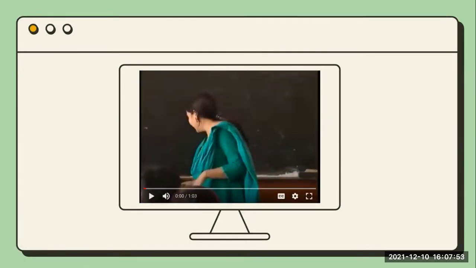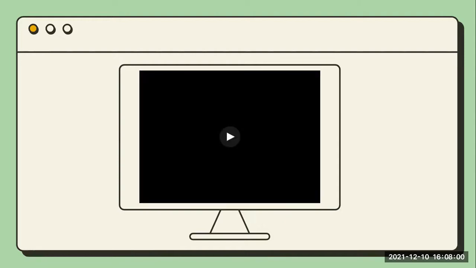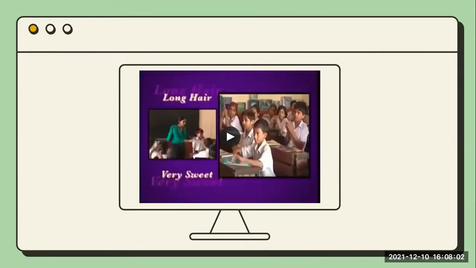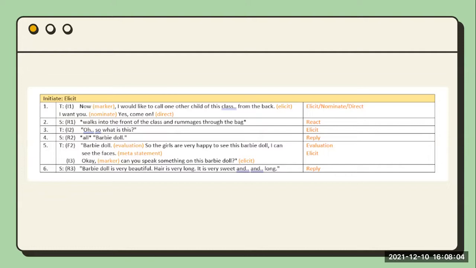Okay, and onto the analysis. Great. Okay, so for this analysis, we're going to highlight the part of elicit, reply, and evaluation. So we're going to jump straight into the number 2, where the student walks to the front of the class and rummages through the bag.